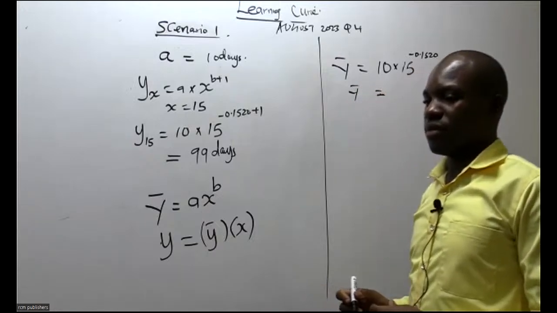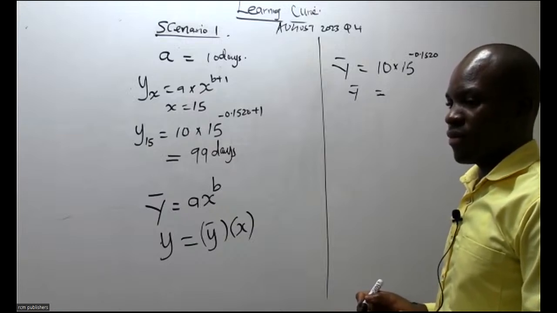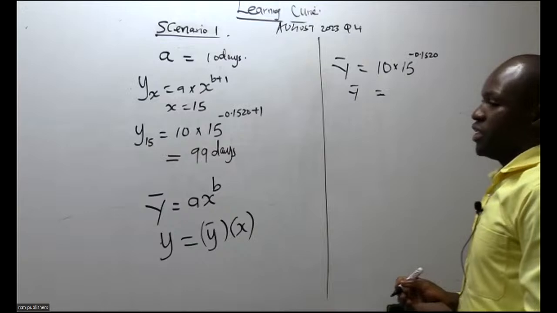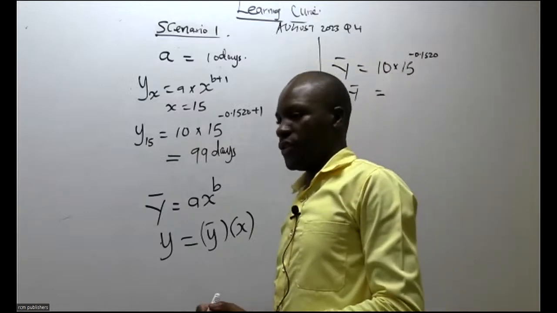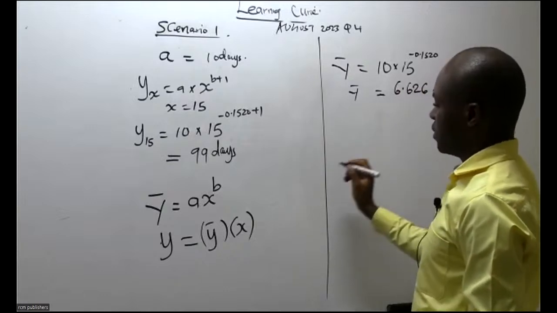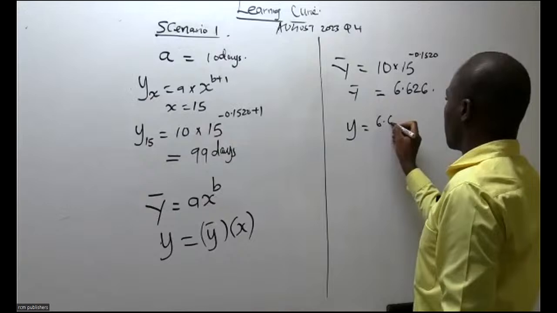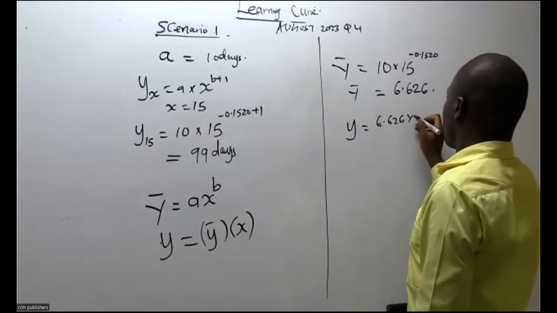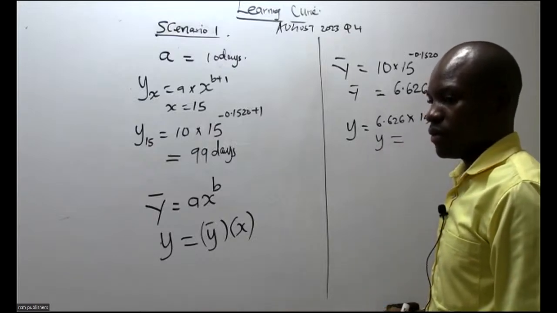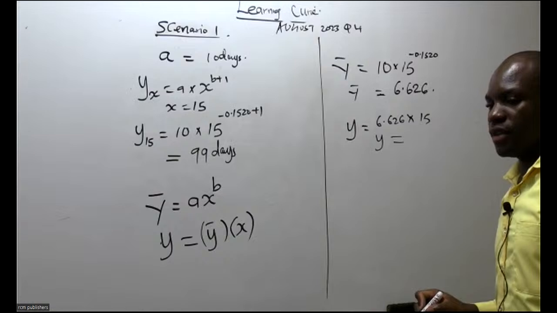The average is 6.626. Give us the value of Y, which is equivalent to the average, 6.626 multiplied by X, which is 15. What do you get here? If that is done, what is the figure?